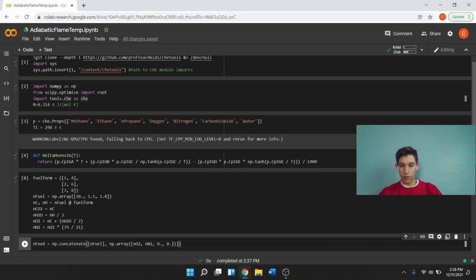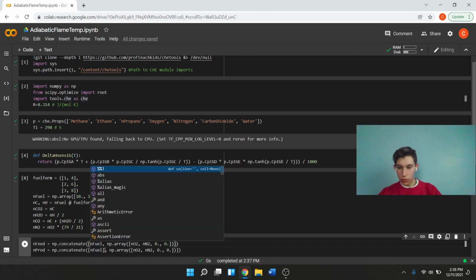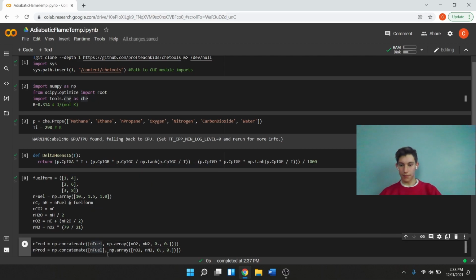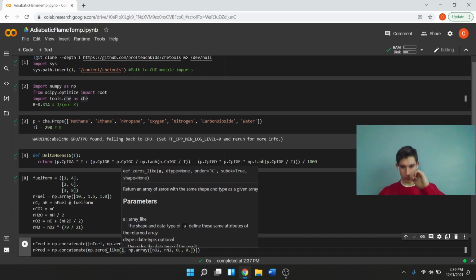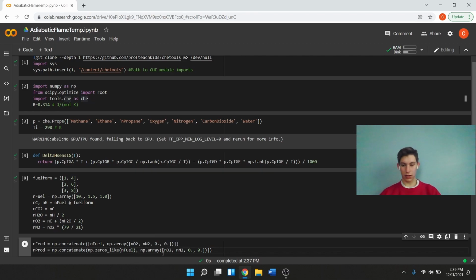Put a bracket here, and then I will copy this, and similarly for the product side, we'll call it that. We're going to have to make an array of zeros that matches the fuel array, so we can represent that like that.